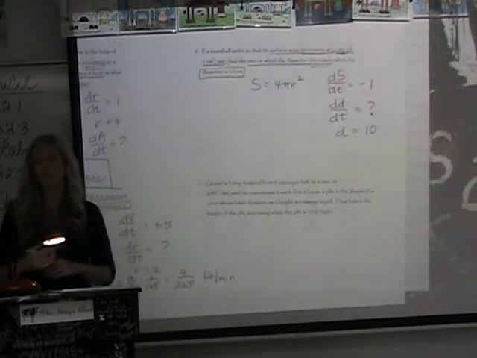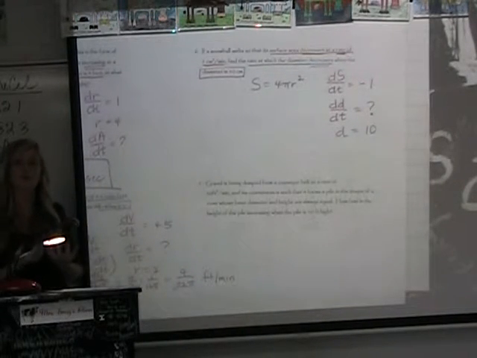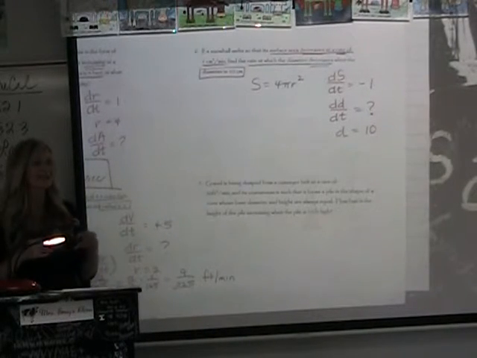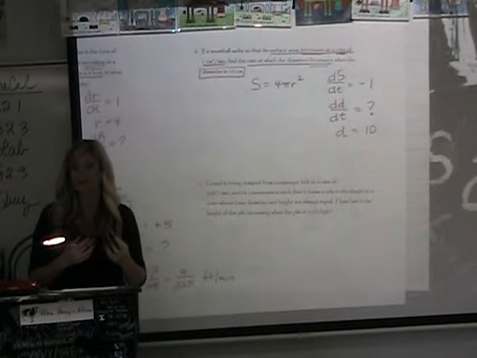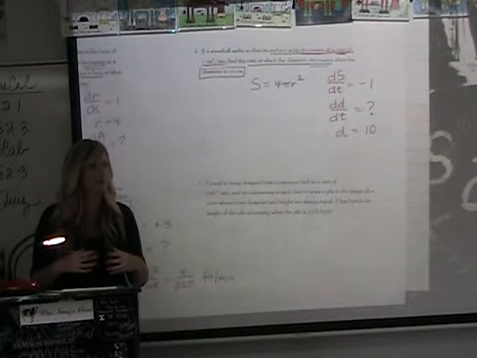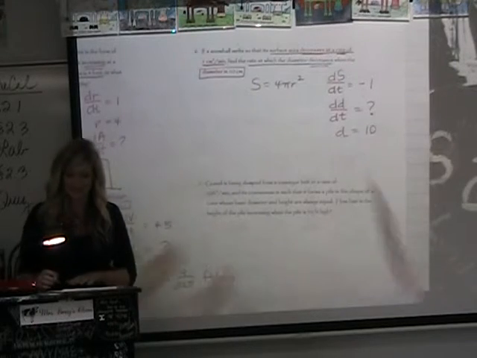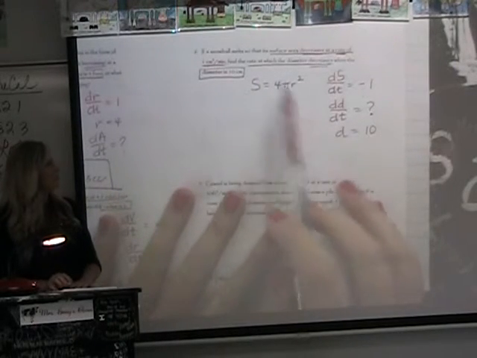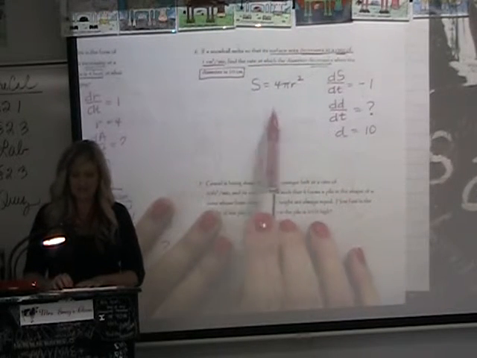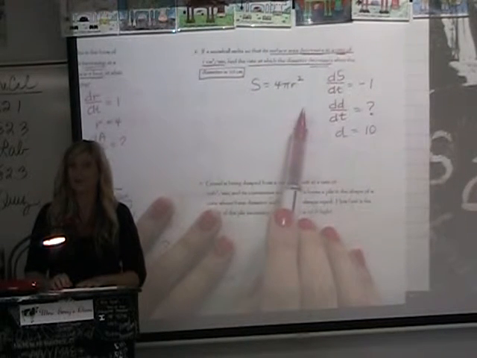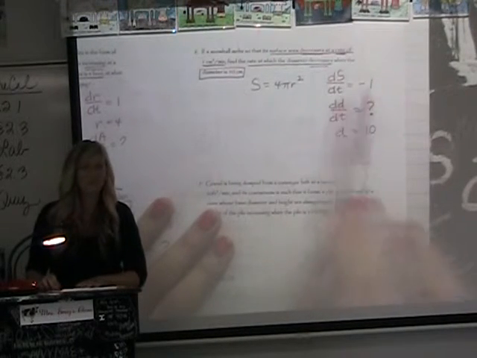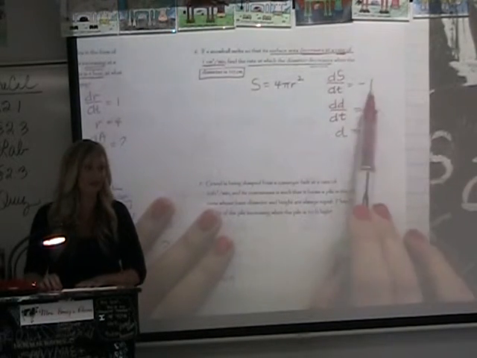Now these last two problems are a little more involved than the ones we went over yesterday, in that sometimes the formula you're using requires a little tweaking before you take the derivative. In this case, if I were to take the derivative as is, I would have dS by dt equals 8 pi r dr by dt. But those are variables I don't really know anything about.